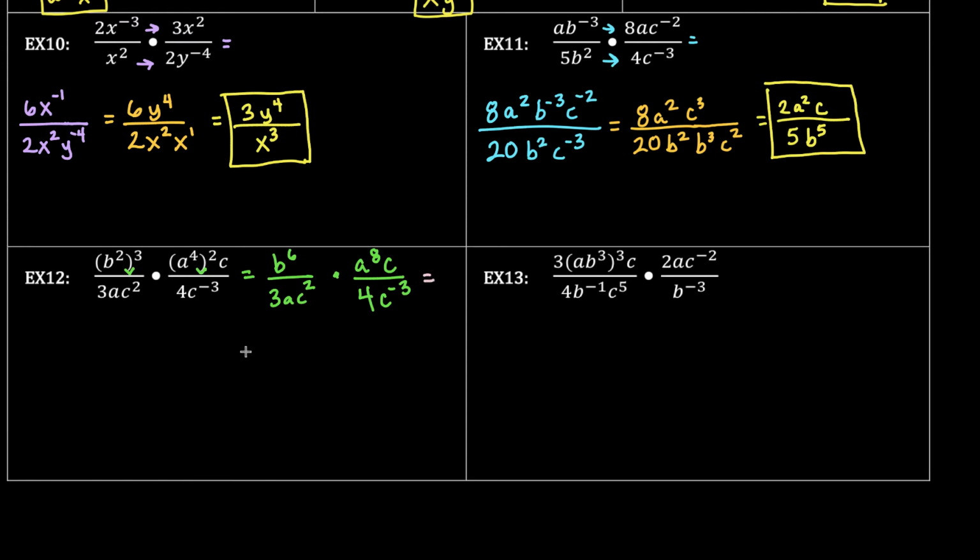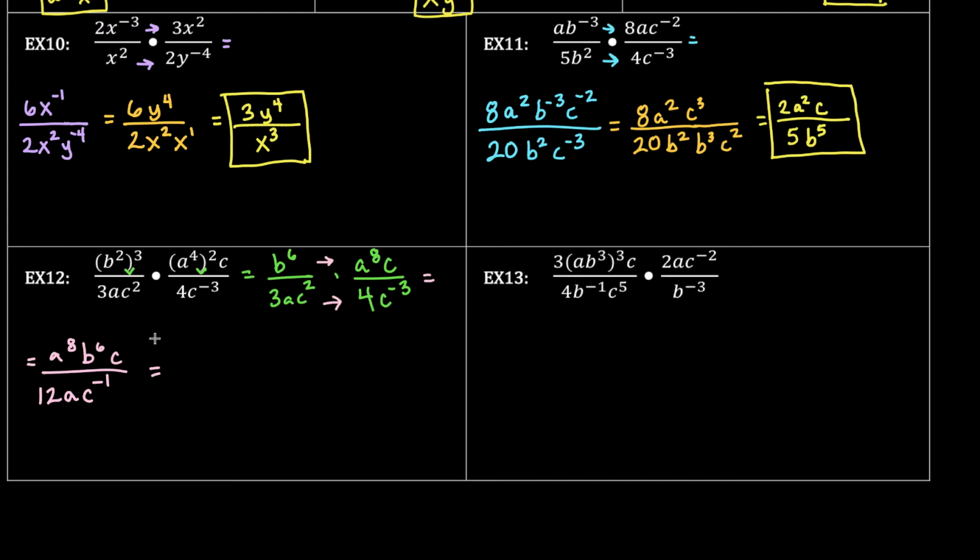Okay. And then, so now we can multiply across. So a to the eighth b to the 6th c over 3 times 4 is 12. A, and then, okay, there's no B's. So C the second, C the negative third, is C the negative first.